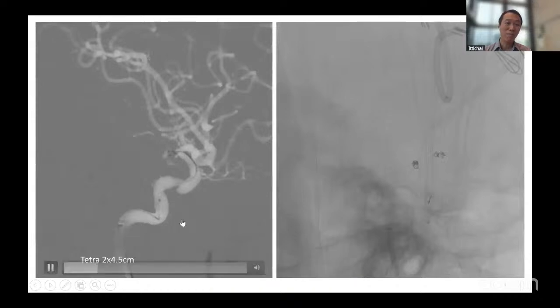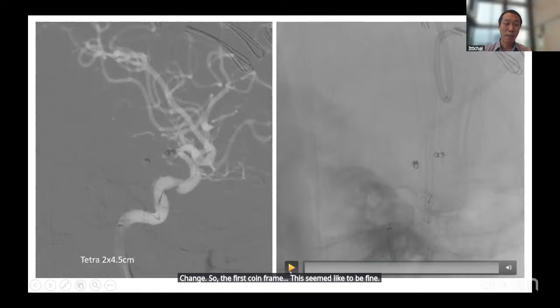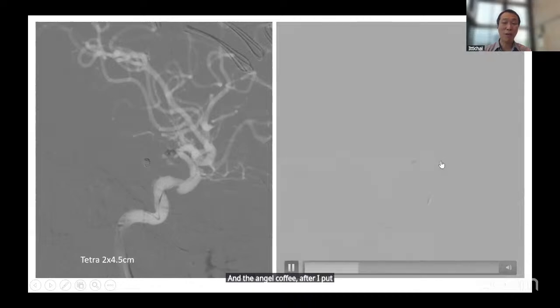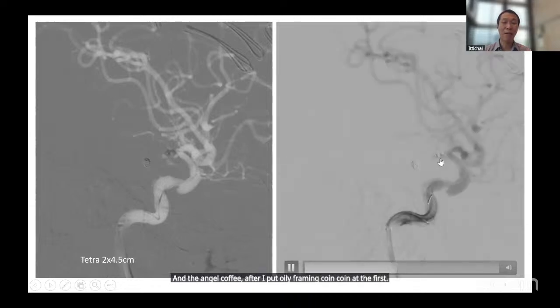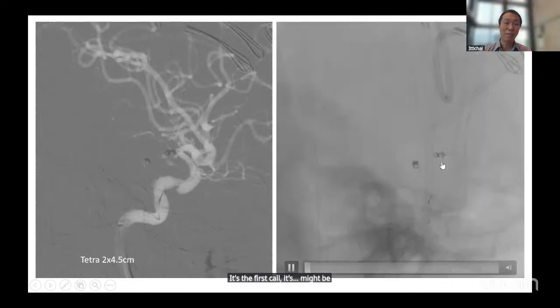At that time, the patient was very old and had tortuosity of the ICA due to atherosclerotic change. The first coil frame seemed to be fine. In the angiography after I put only the framing coil the first time, the first coil looked okay.